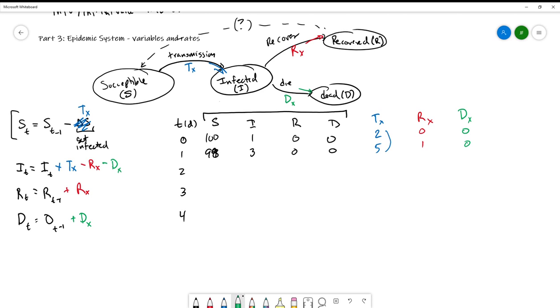And so at the end of the second full day, so at day 2, the number of susceptible individuals will have gone from 98 down by 5 to 93. The number of infected individuals will be 3 plus 5 minus 1.